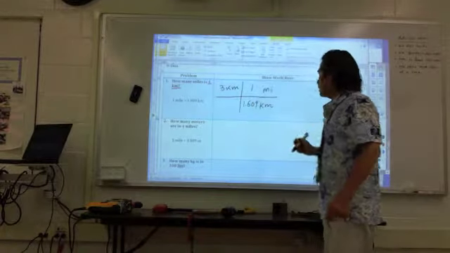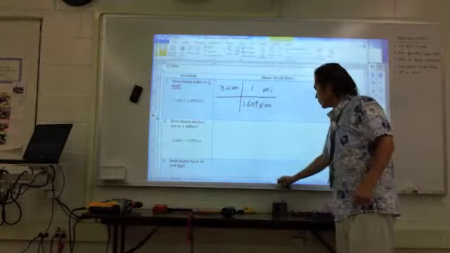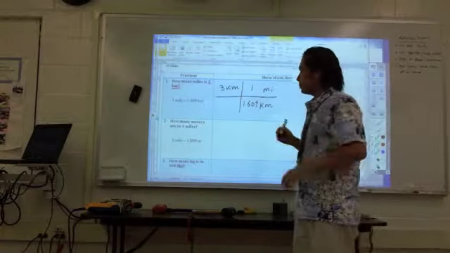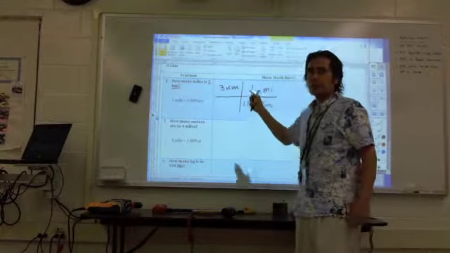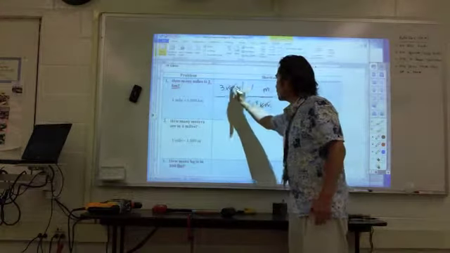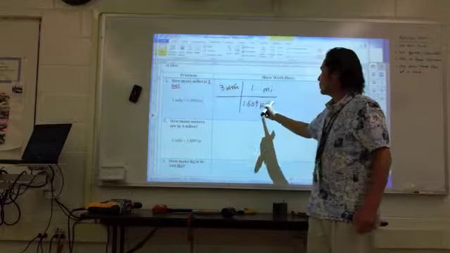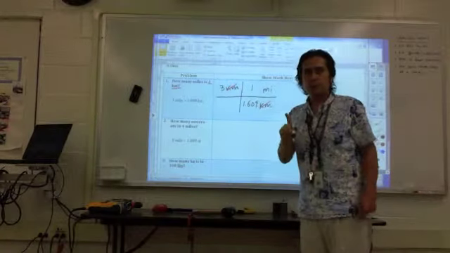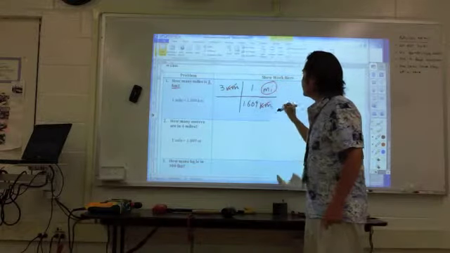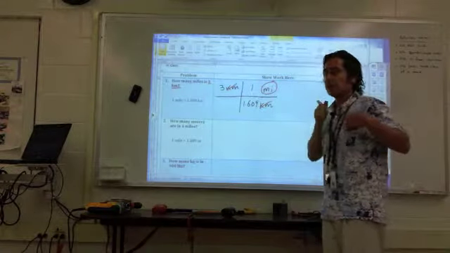Now let's cross things out. You can cross out everything that's a like unit in the top and the bottom. So there's a kilometer in the top and the bottom, so you can cross them out. And then what units are left? Only the mile is left, and that's your final unit.